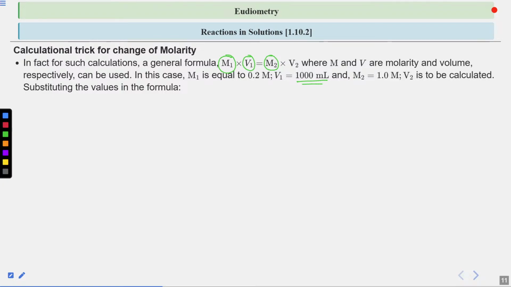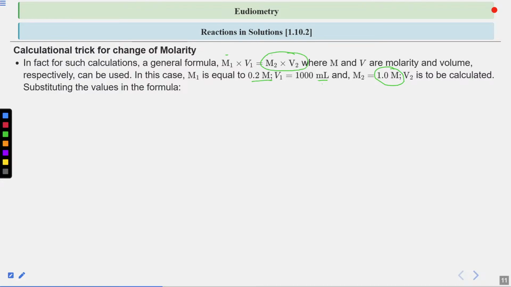Then from here you can get the volume that you need to add. So the question will be asked in this way: what volume of solvent should you add to decrease the molarity from 1 molar to 0.2 molar? So you will simply put the values here. Initially we have 1 molar solution and we don't know what volume we should take, so we will keep it as V2.